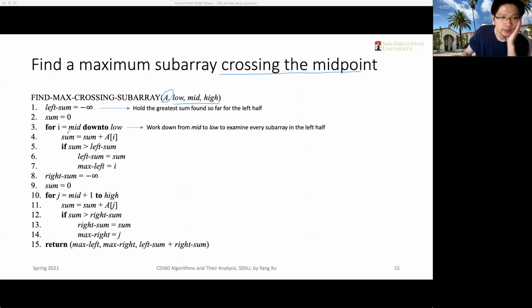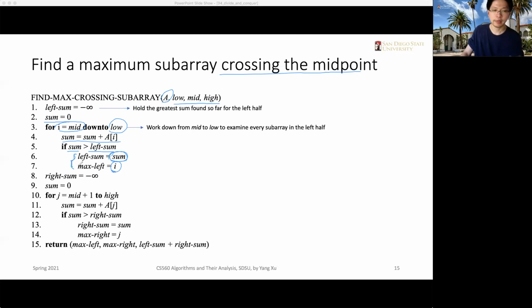It's a for loop that iterates from midpoint down to low. The variable sum is used to do the cumulative addition. We add all the elements from mid to low to sum, and if this sum is greater than the left sum, then we mark the current summation and also mark the current index i. So whenever we have a maximum summation, these are stored in these two variables.